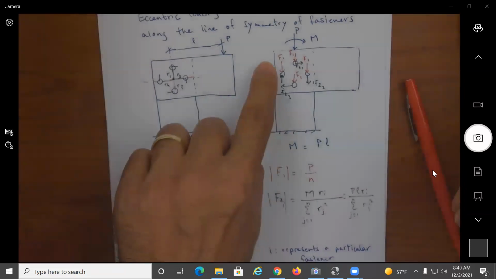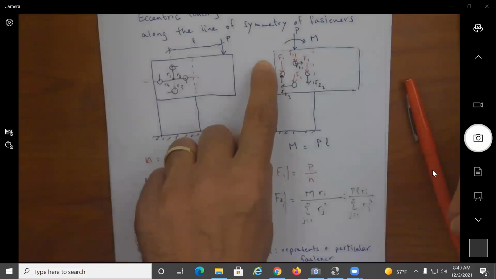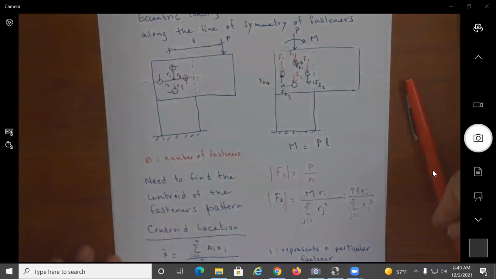Now, once I get the F1 component and F2 component per fastener, we can easily find the resultant. This would be the resultant shear force that each specific fastener has to handle. Of course, the most critical would be the one that has the highest magnitude in terms of shear force.